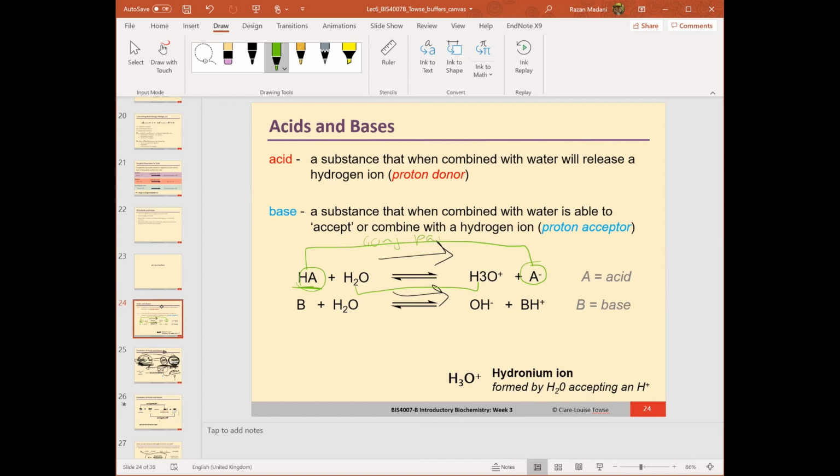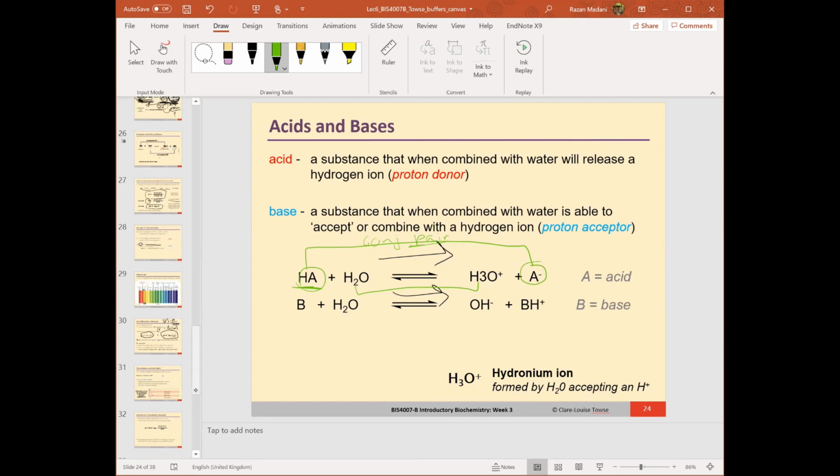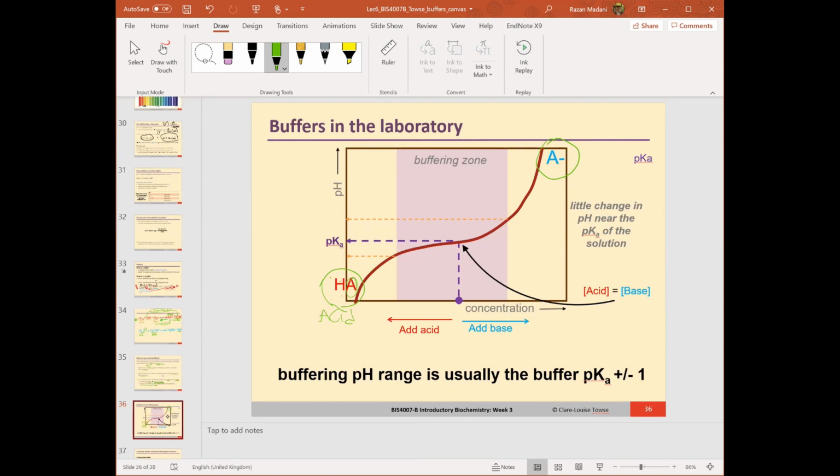Because I didn't say conjugate acid or conjugate base, I said conjugate pair, so you just need to pay attention to that. So we have the conjugate pair here, those two. That's the acid one.